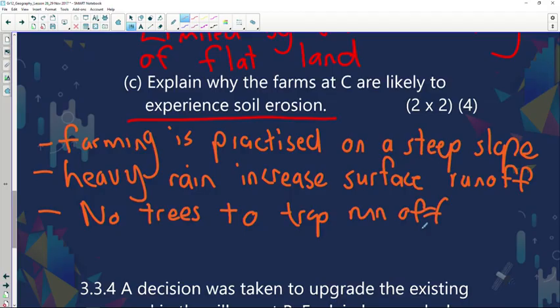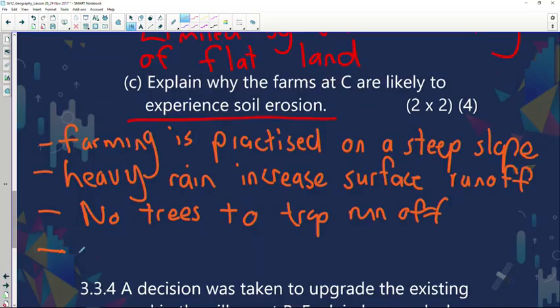Because what does the trees do? It creates infiltration. It creates underground runoff. So the trees will help to stop soil erosion. And what we can say as well, the removal of natural vegetation as well.